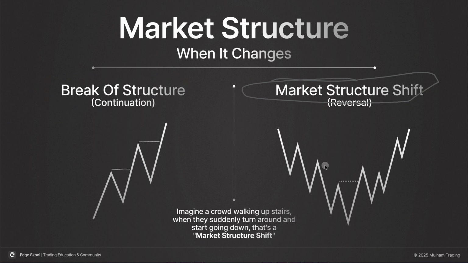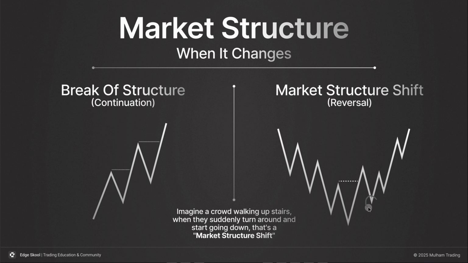Now take a look at this market structure shift. It's a reversal instead. So you see price is going lower, we have a breakout structure, a breakout structure, a breakout structure. Now this is a low. Where's the high that was responsible for taking this low? It's this one. What happened here, at this specific point when we go above, we created a lower low, but then we take the last high that we created and then we started a change, creating higher highs.